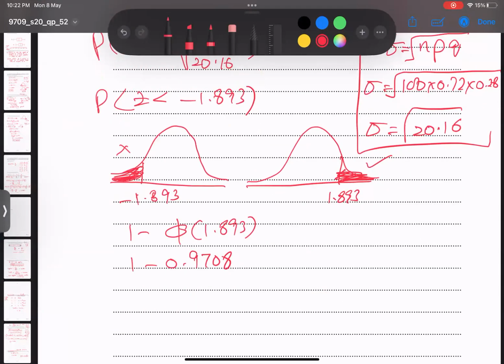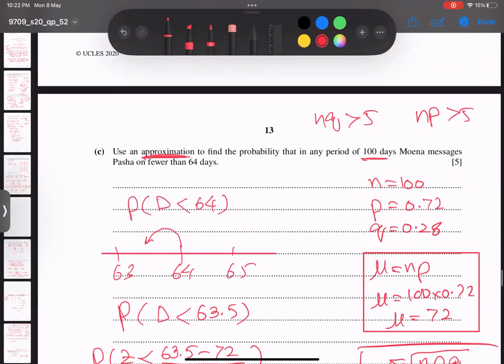When I subtract this from 1, I get 0.0292. And what was being asked from us was to find the probability.